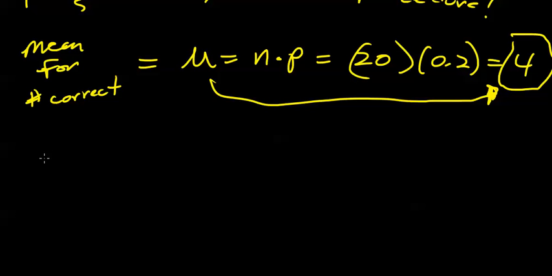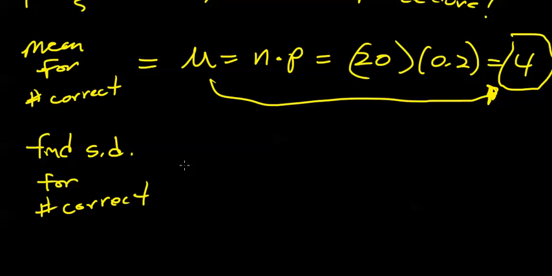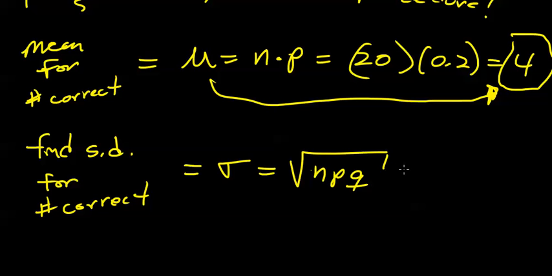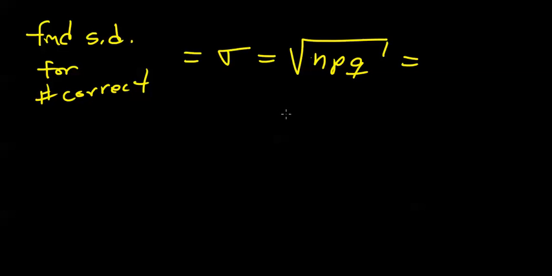Alright, let's find the standard deviation for my number of correct answers. Well, again, as long as you're in a binomial experiment, this formula is greatly simplified. All you do is compute the square root of n times p times q. So let's grind it out here.